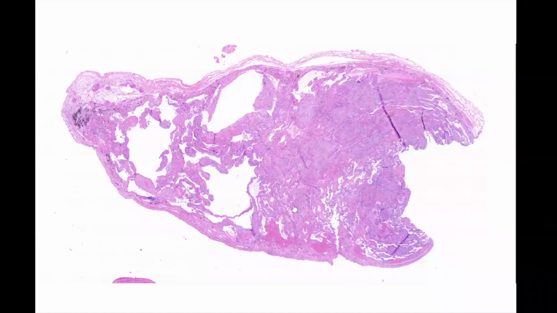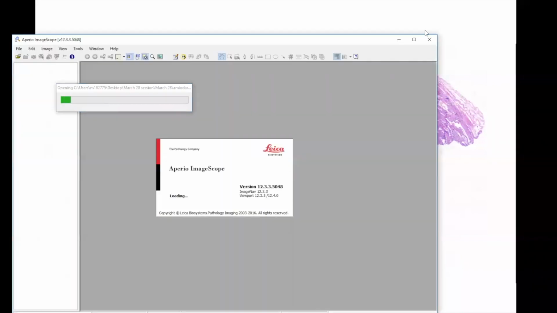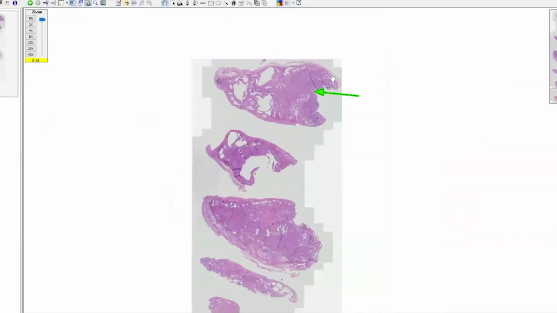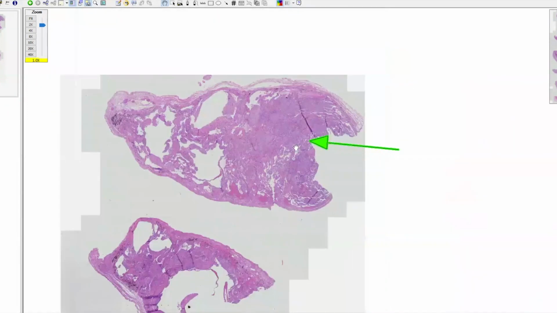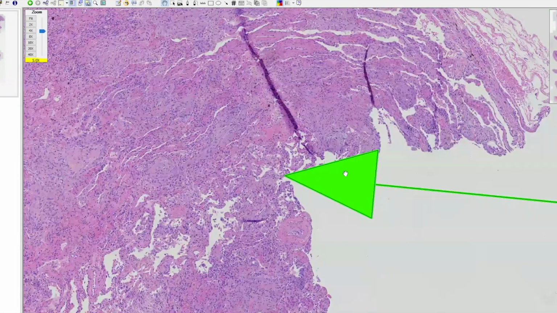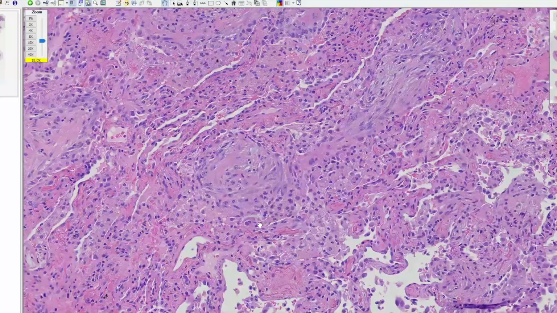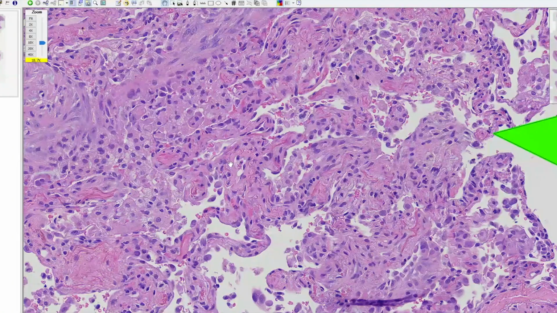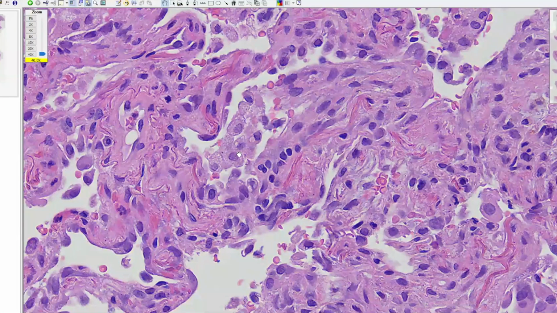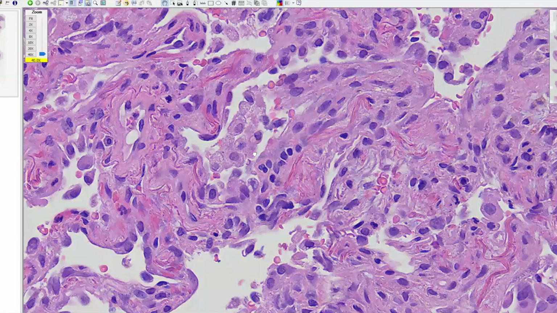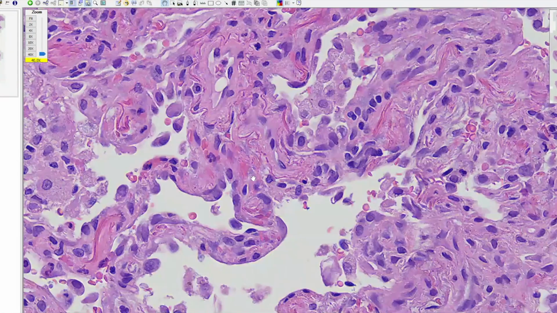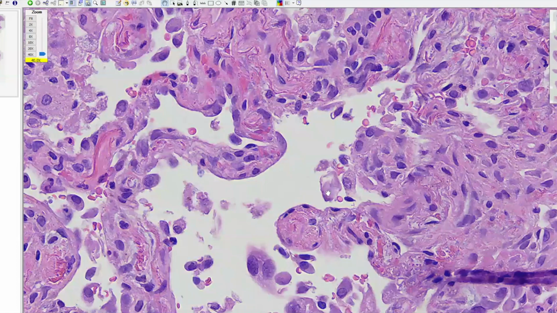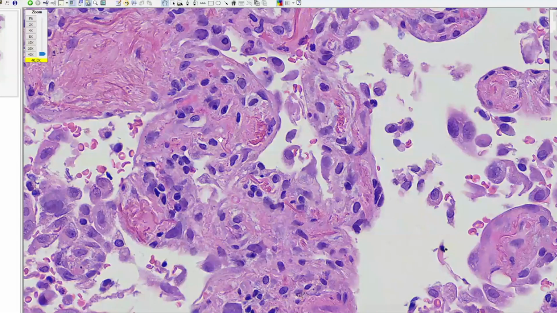So this is just another case here. We'll follow the green arrow sign here, usually a good place to start. Once again, we see acute lung injury with some organizing pneumonia. As we move around, we see once again these foamy macrophages, and you start to see some foamy pneumocytes as well.